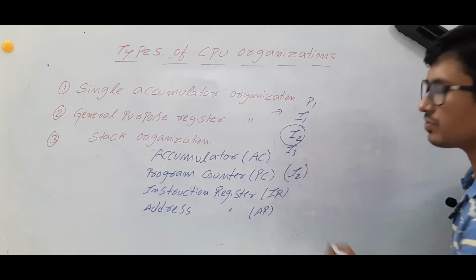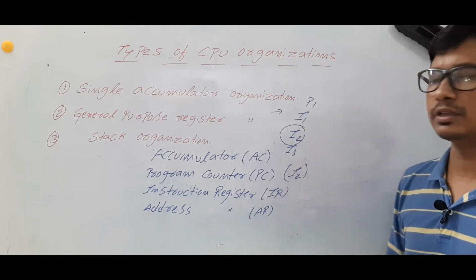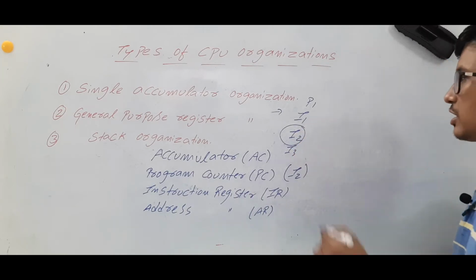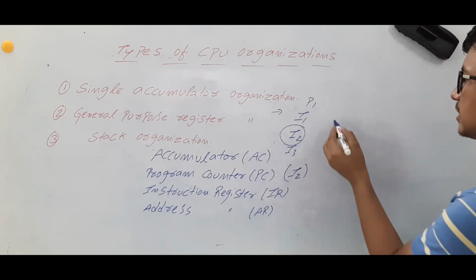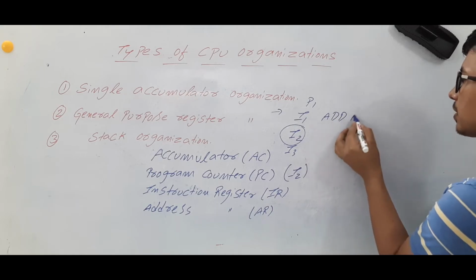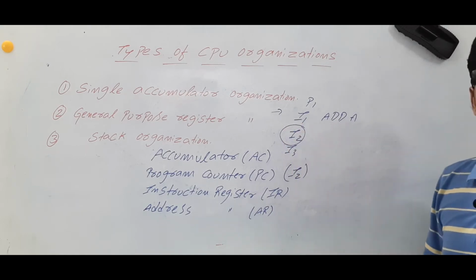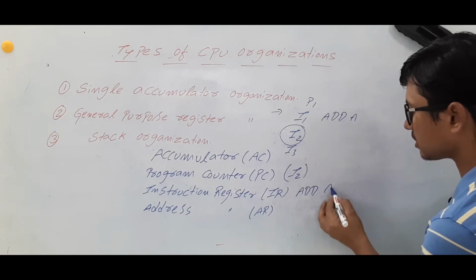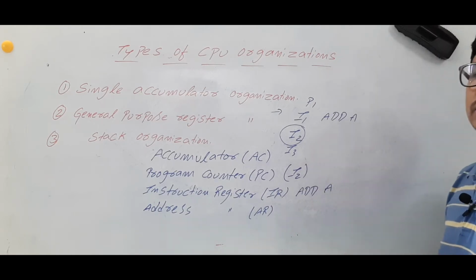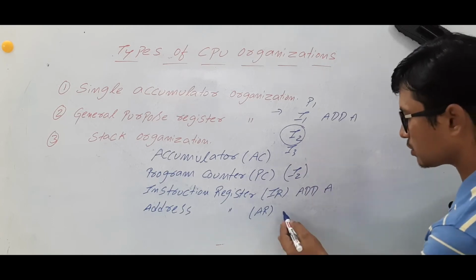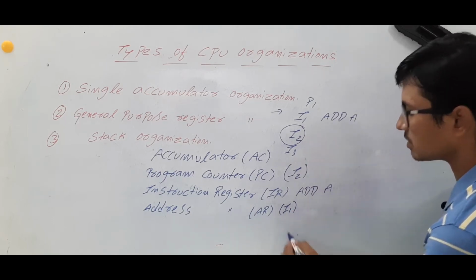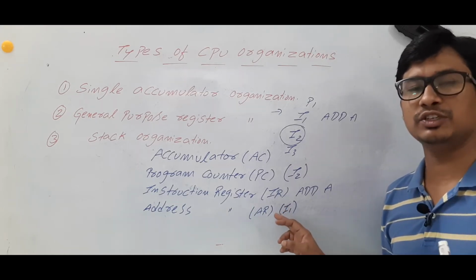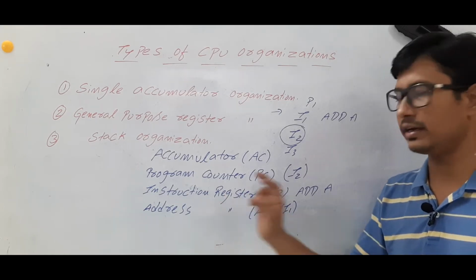Now the current instruction which is executing, instruction I1, let's take that it is add A. That instruction will be stored in the instruction register. The address of the instruction I1 will be stored in the address register. Remember one thing: the address of the current instruction which you are executing will be stored in the address register.